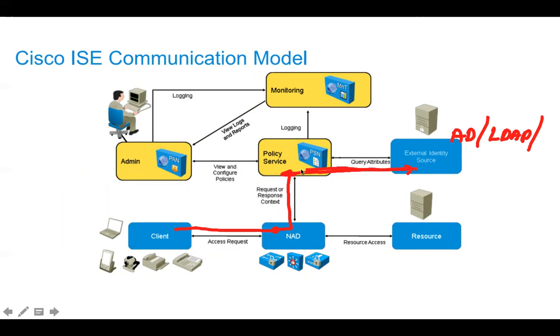If the external identity source says yes, I have the data for that particular user, it is going to authenticate, and the client is going to access the resources available. But in between, the moment the PSN has allowed him, it will send the report to the MNT also. From the MNT, you can check whether he got authenticated or not. Everything will be there in that particular segment. So this is called ISE communication.